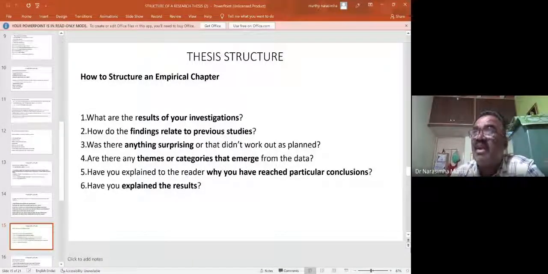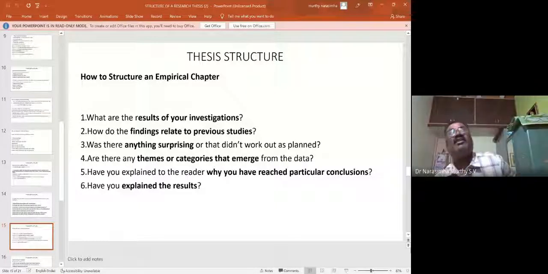Something that did not work as you planned? Not only that, you are also talking about any themes or categories that emerged from this data. Can you see any specific format, pro forma, something that you may think has emerged out of this data?